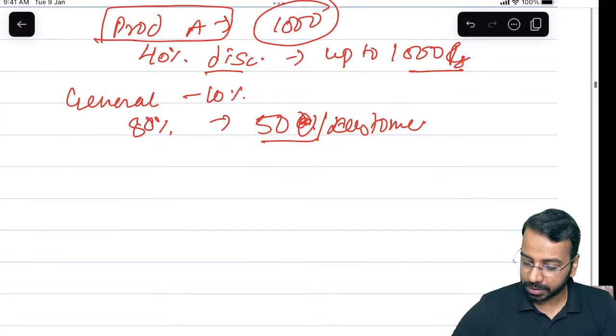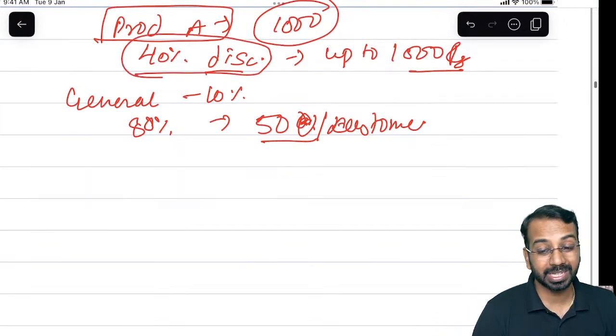Then this 40% discount is another performance obligation because it is being provided to the customer.